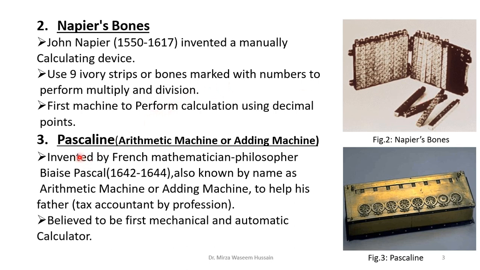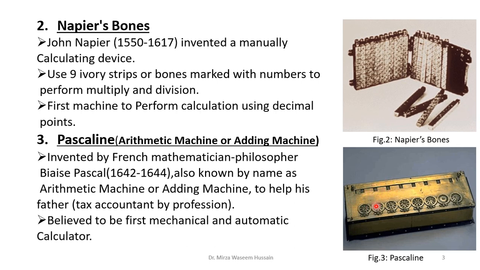Moving to the next, the Pascaline, or arithmetic machine, or adding machine. It was invented by the French mathematician and philosopher Blaise Pascal. It consists of a wooden box, wheels and gears, and a series of windows, and it is believed to be the first mechanical or automatic calculator.